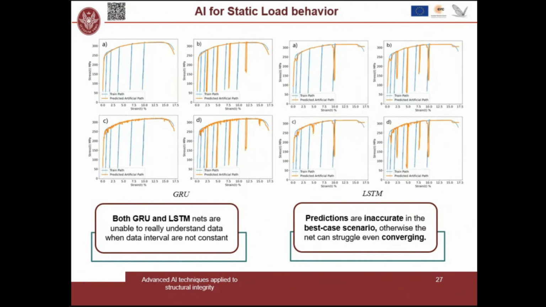And for example, here there are some results when you try to train neural networks on data that have a broken time symmetry. You can see that the predictions are not good. They are not really good. And here it didn't even learn the mechanical behavior. It just replicated the training data.